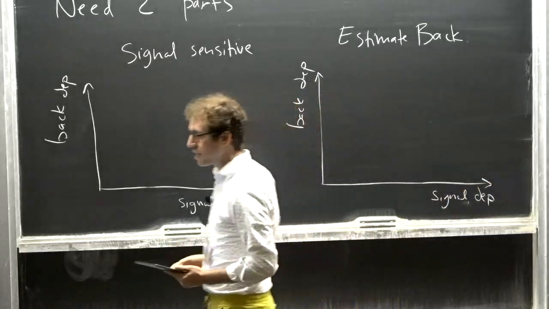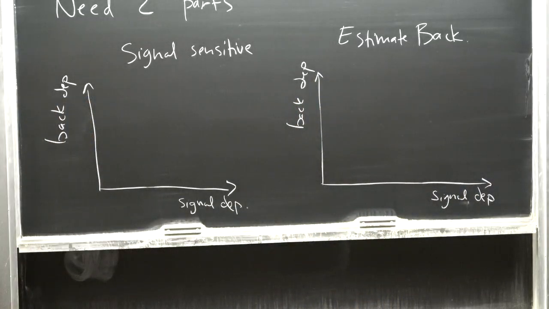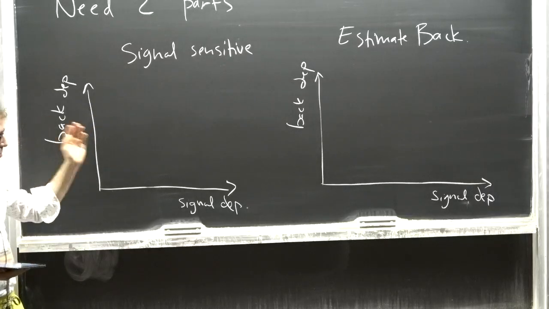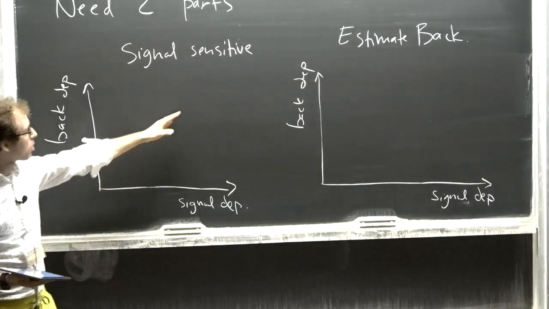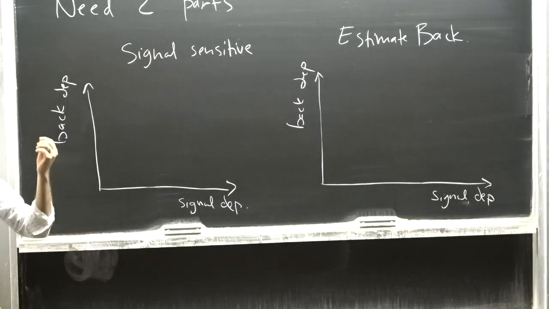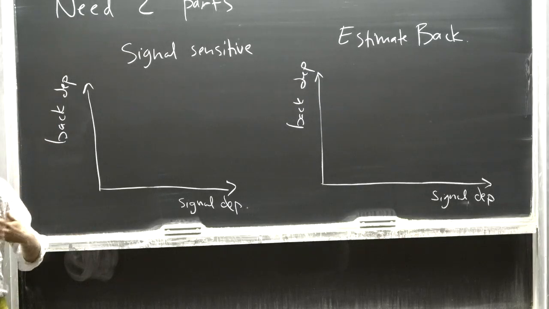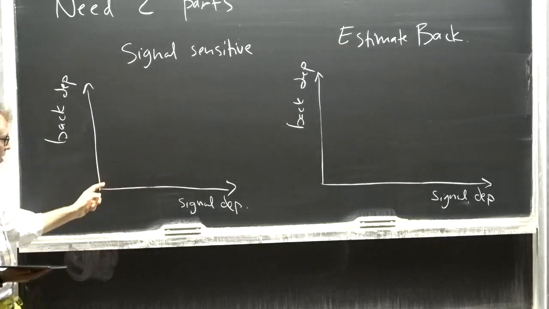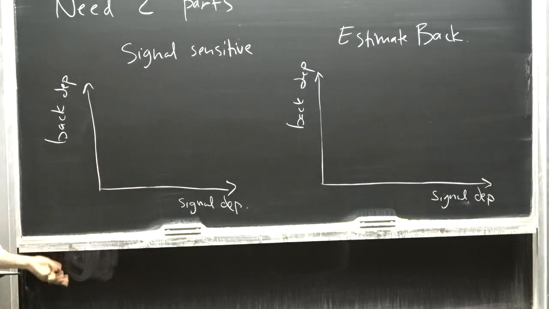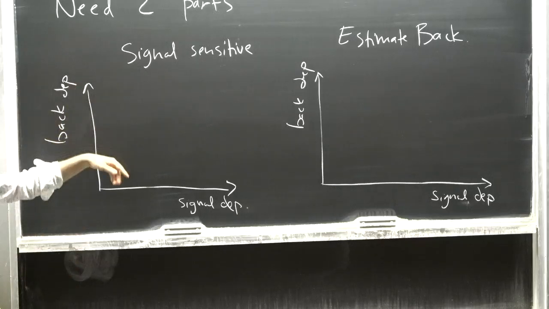So let's say on the left-hand side here, for the signal sensitivity, I'm going to pick an approach. Up here, you have approaches that depend a lot on the signal you're looking for and on the way you're going to estimate the background. And over here, you have basically no assumptions. And we'd like to have approaches that are not in the top right corner.